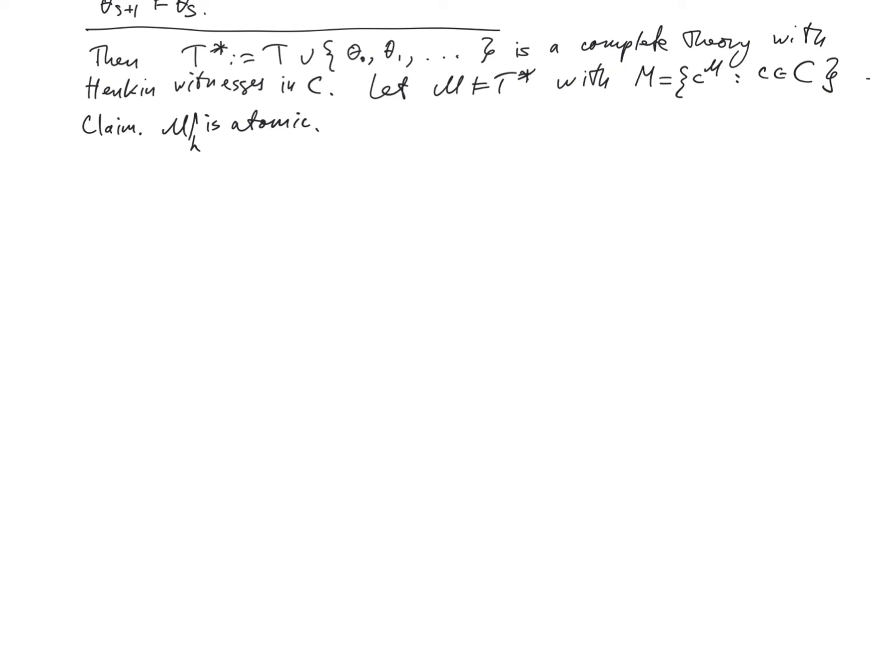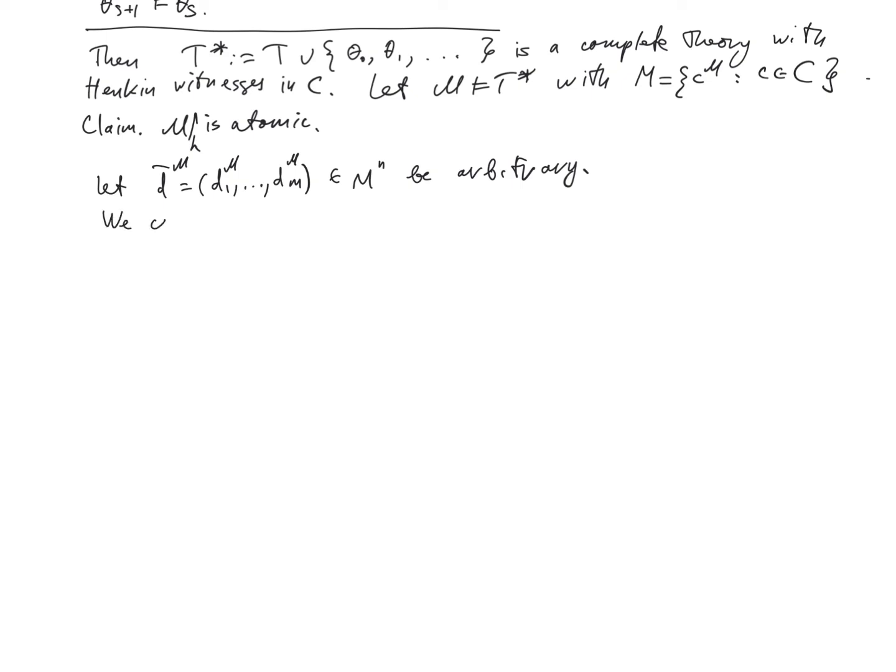To prove this claim, let d bar, consisting of d1 through dm, be an arbitrary tuple. So in M, by assumption, every element is an interpretation of a constant symbol. So an arbitrary tuple can be presented as a tuple of interpretations of some constant symbols.